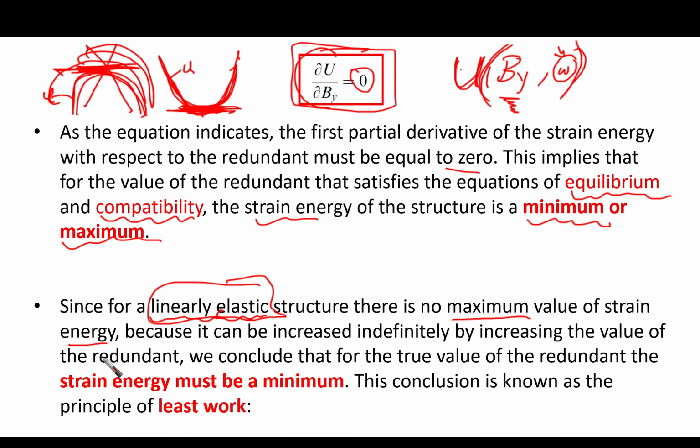So now let's repeat it. Since for a linearly elastic structure there is no maximum value of strain energy, because it can be increased indefinitely by increasing the value of the redundant, we conclude that for the true value of the redundant, the strain energy must be minimum. The strain energy required to maintain the point of application of the redundant, By, this deflection, needs to be 0 because the strain energy is minimum.